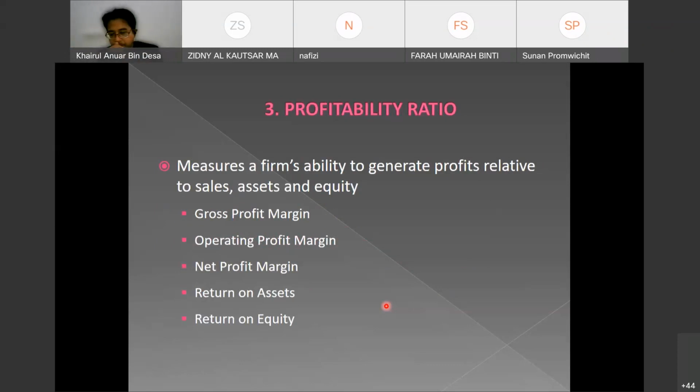Sebelum tu ada soalan? Any question? This is the component of the profitability ratio, to measure the ability to generate profit.